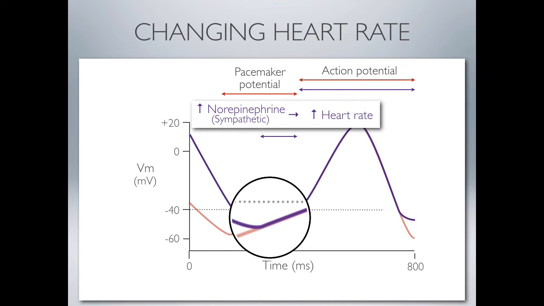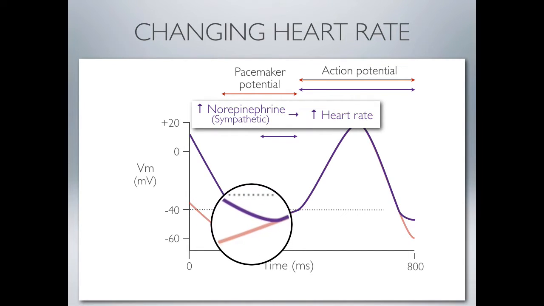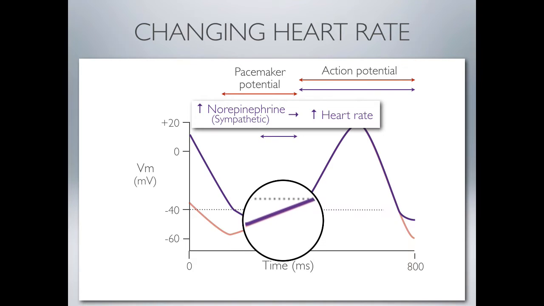If I had shifted the purple curve over so that they were at this inflection point, then the reason for the shorter duration would be that it's effectively not repolarizing as much as the red curve.